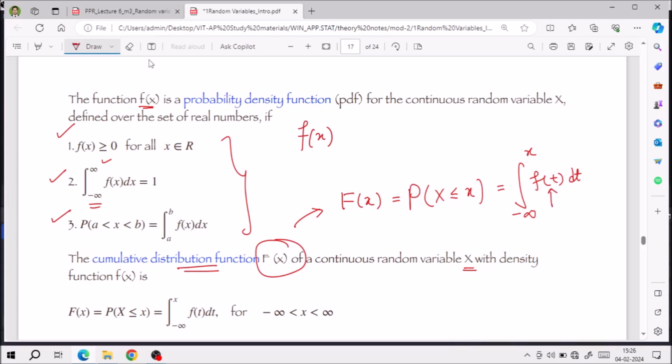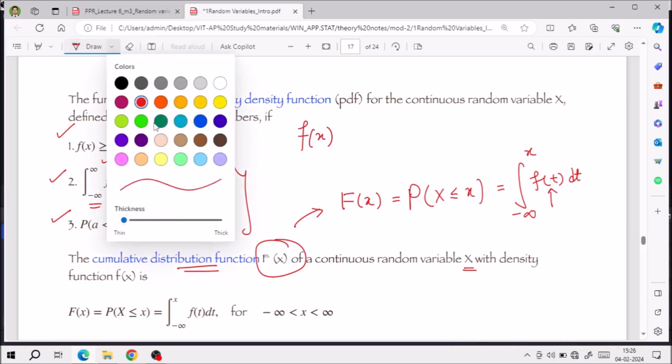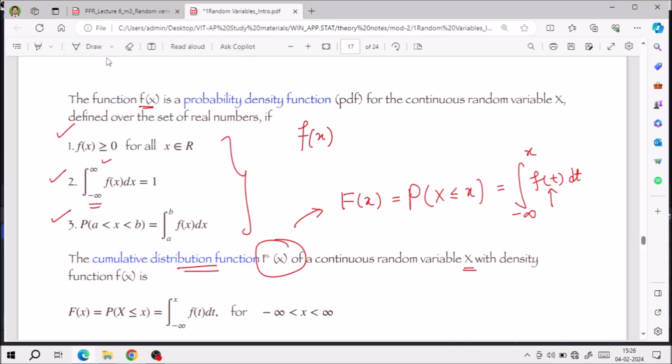So from here you can observe one important point: capital F(x), this is nothing but the cumulative distribution function, which is going to be the integration from minus infinity to x of f(t) dt. f(t) is what? It is the density function.